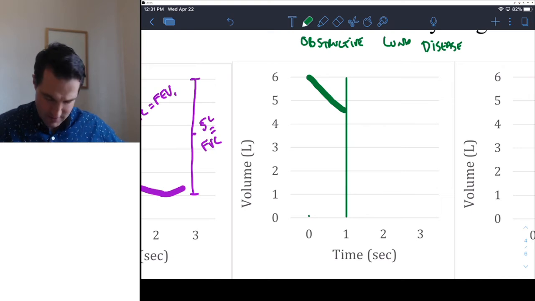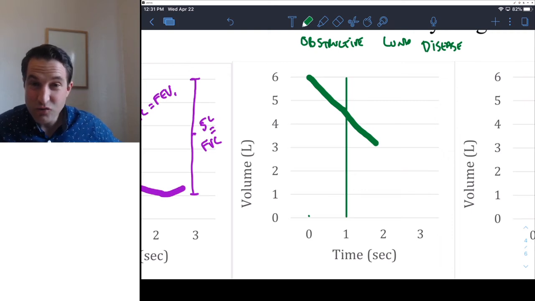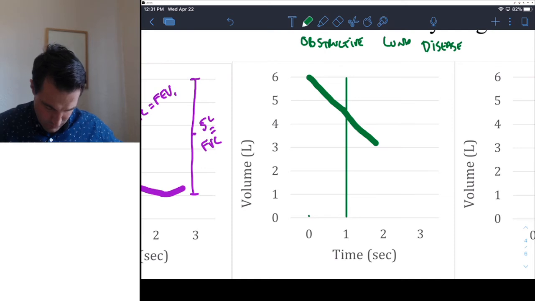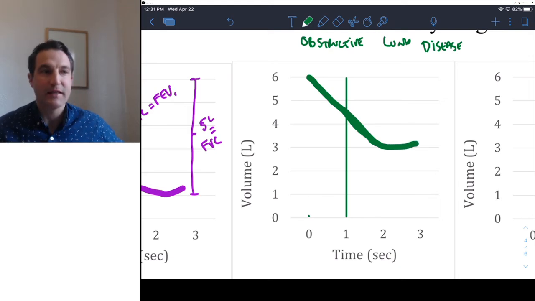Right like that. And something that looks like that.